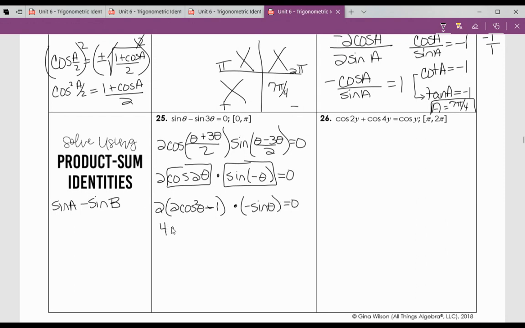So I end up with 4 cosine squared theta minus 2. All of that is being multiplied by negative sine theta. Now, you have factors. Do not distribute the negative sine theta. I'm going to set up 4 cosine squared theta minus 2 equals 0 and solve it. Negative sine theta equals 0 and solve it.